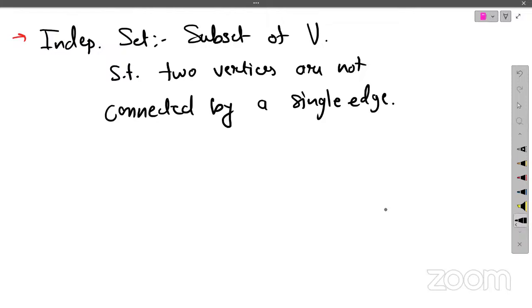Okay, so such kind of set is known to be an independent set. Independent set means if you are considering any subset, then in that subset, whatever vertices you are taking, those vertices should not be connected with each other by a single edge.